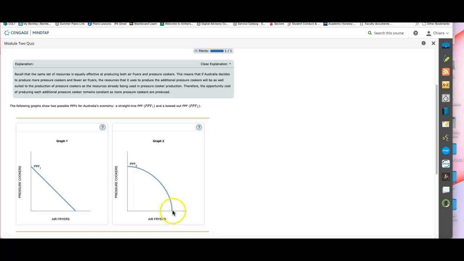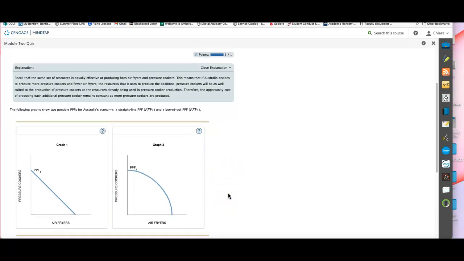When it's bowed out like that, the opportunity cost of producing the good on the x-axis, in this case the air fryers, would be higher in the bottom part of the curve, and the opportunity cost of producing pressure cookers versus air fryers up here is going to be lower because we have a flatter curve. So that is something to keep in mind if we're looking at a specialized economy.